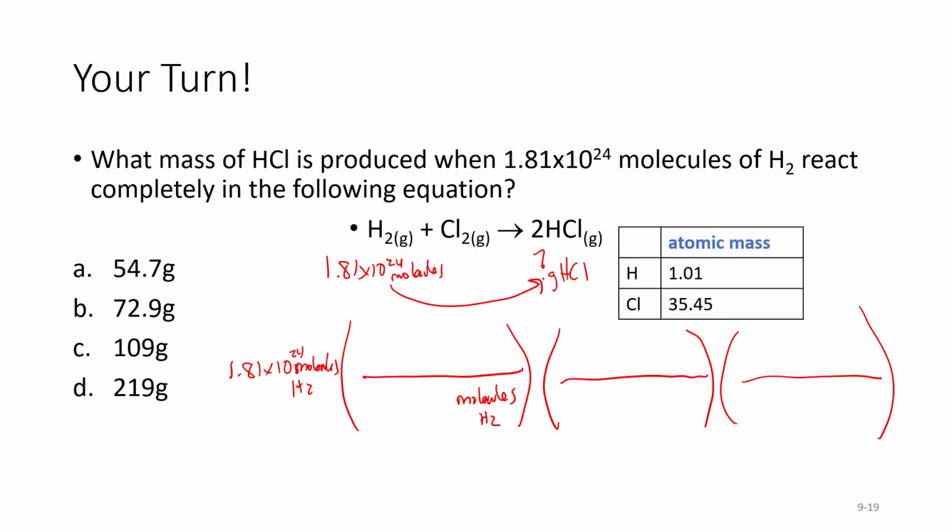Now, in order to get to the new substance, we have to get to the mole-to-mole ratio. So we're going to have to get to moles of H2. Then from moles of H2, we can finally get to moles of HCl. But they want us to take this to grams of HCl. So that's our final step. Moles of HCl to grams of HCl.